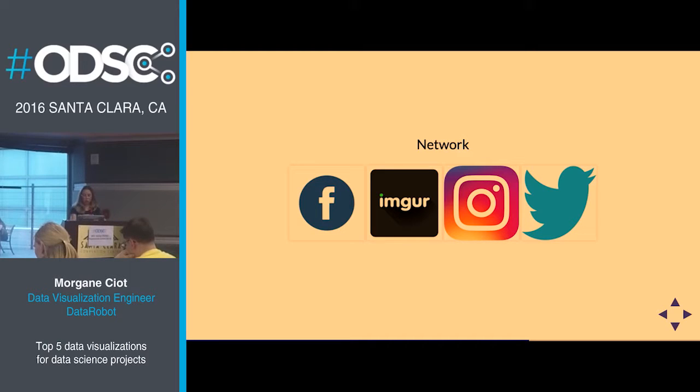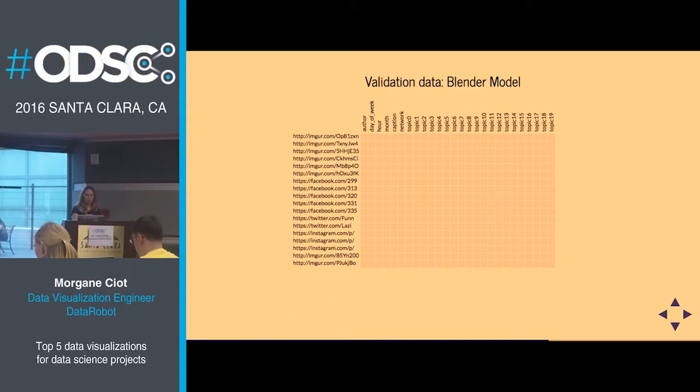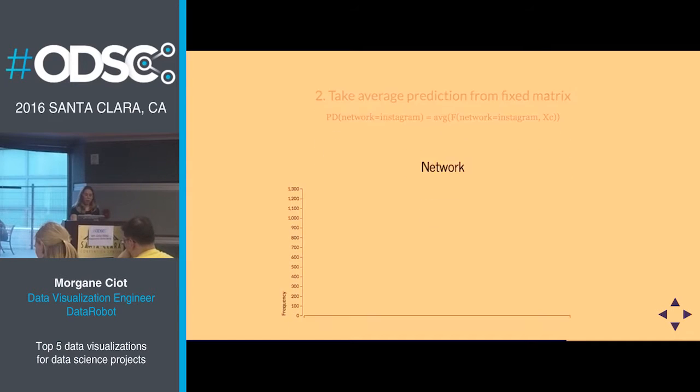So just to go through a quick example, we're going to calculate the partial dependence for when network is equal to Instagram. All that we do is we take our validation data, we fix every single row of the network column to Instagram, and then we make a whole new set of predictions on that, average over them, and that gives us our partial dependence value for when network is equal to Instagram.